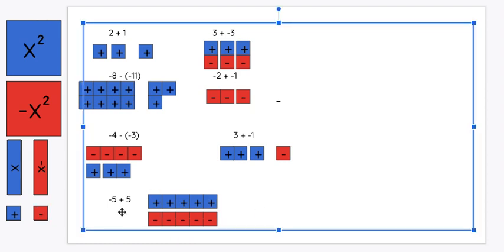Okay, and these, so you have 5 negative, 5 positive. These cancel each other out, and you are left with 0.